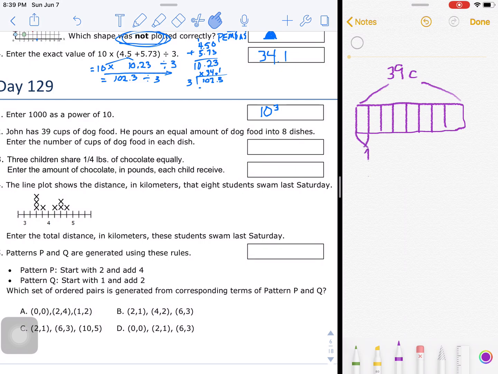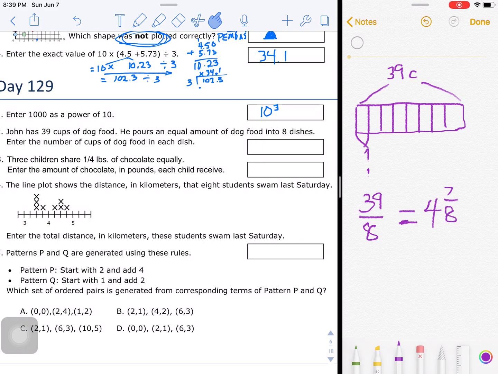So we're going to set up our problem. We are dividing 39 by 8. I'm going to do it as a fraction because I know my 8's multiplications, and I know that 4 eighths is 32, 5 eighths is 40, so I'm going to have 4, and then there's going to be 7 out of 8 left over.